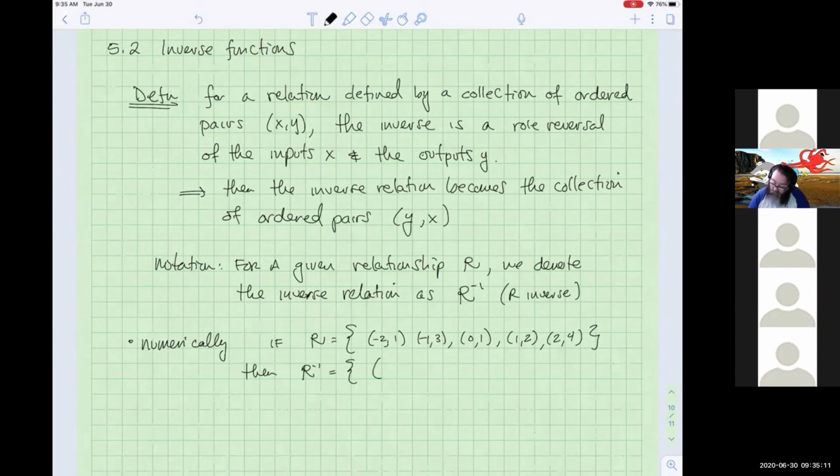So we're going to switch each one of these ordered pairs: (1, -2), (3, -1), (1, 0), (2, 1), (4, 2).